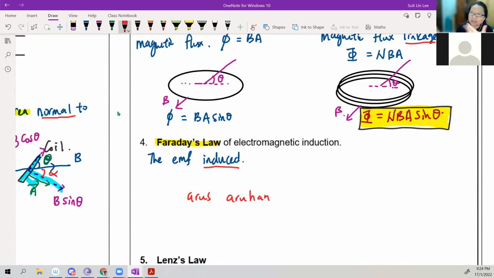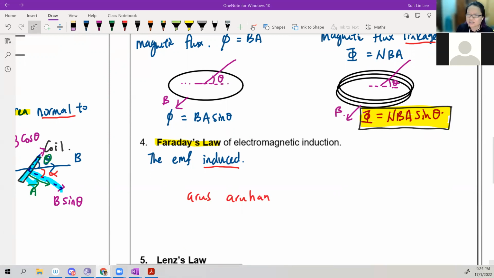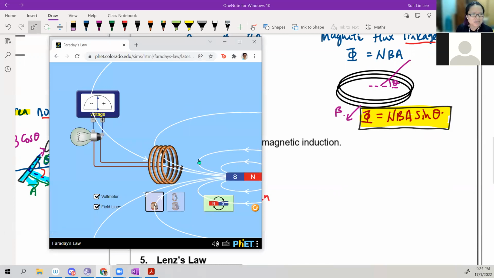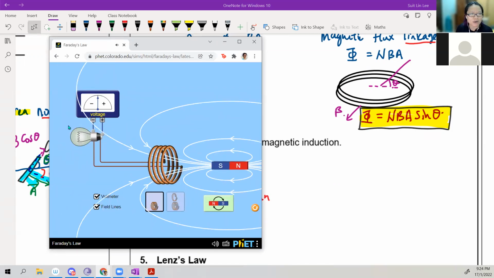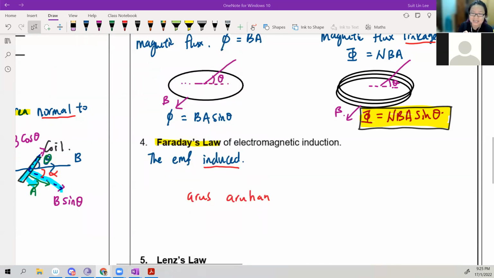Teacher, how you know? I learned physics in Malay in high school last time. So it's dipengaruhi. I don't have current, but this annoying magnet, okay, let me show you. I don't have a power supply, I'm just chilling here. But this annoying magnet, now I got current. Terpengaruh. Okay, so that's why when we say induce, it's actually being affected by some changes in your environment.